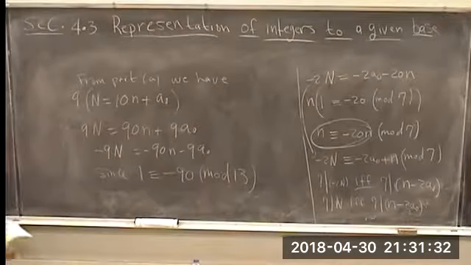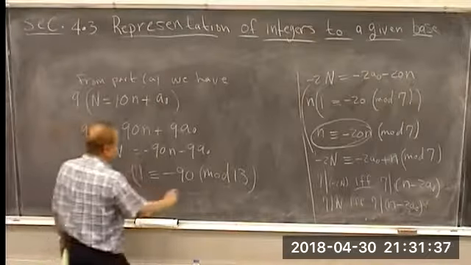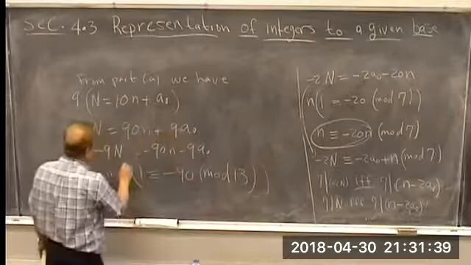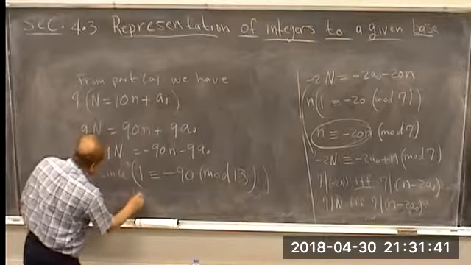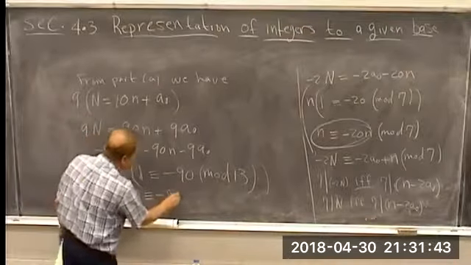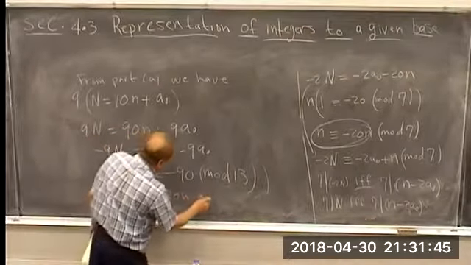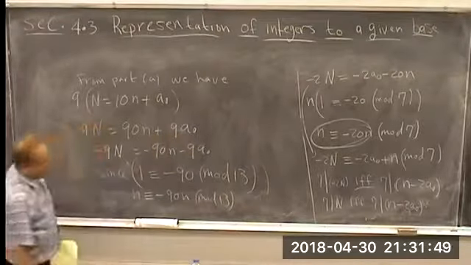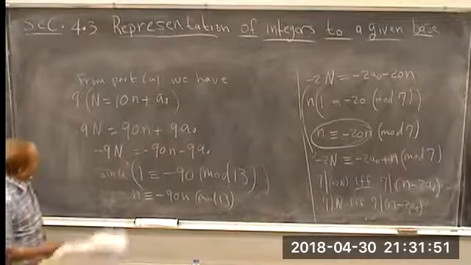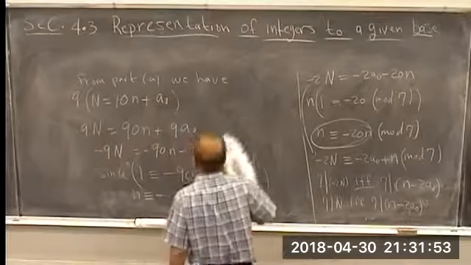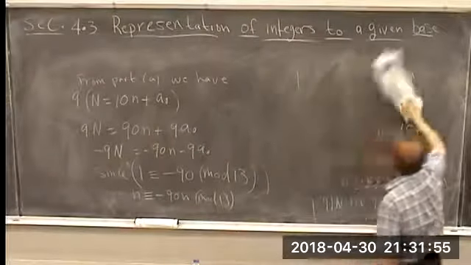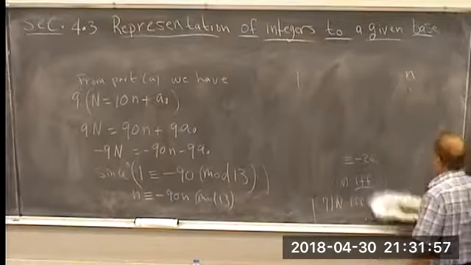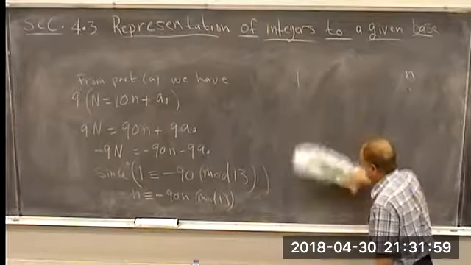Then we can multiply this by n. So we get n is congruent to minus 90n mod 13. And now we're going to go back to replace that negative 90n by just positive n.